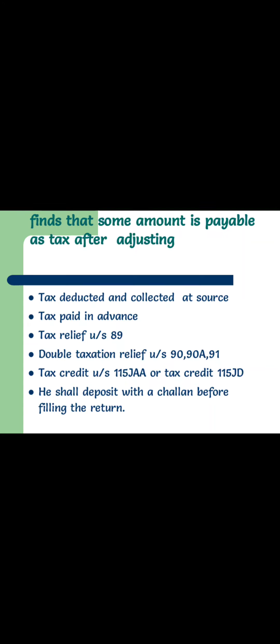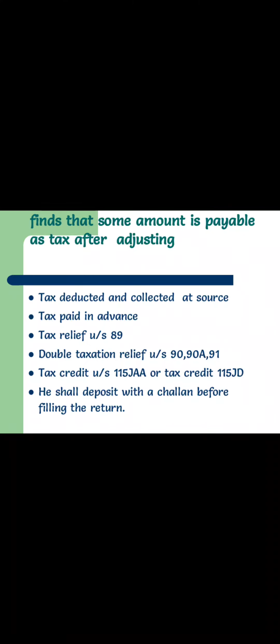On the basis of the return, an assessee finds that some amount is payable as tax after adjusting tax deducted and collected at source.